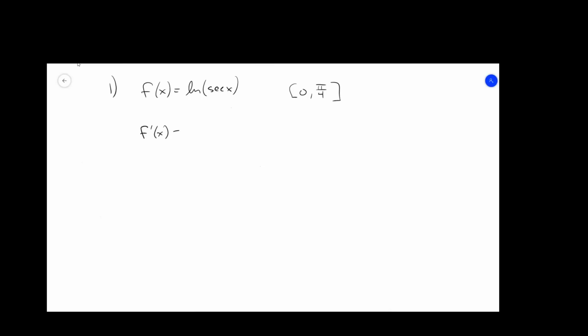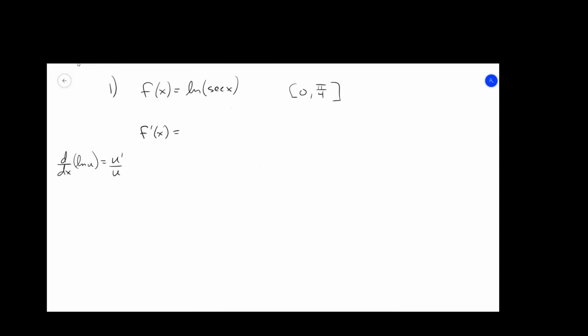So what's the derivative of the natural log of something? We've got to remember that too. What is the derivative of ln u with respect to x? Remember that one? Yeah, u prime over u, exactly. That's the derivative of a logarithmic function, or the logarithm of a function.